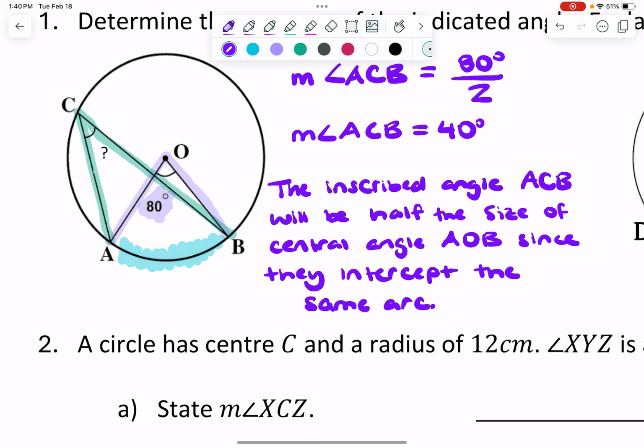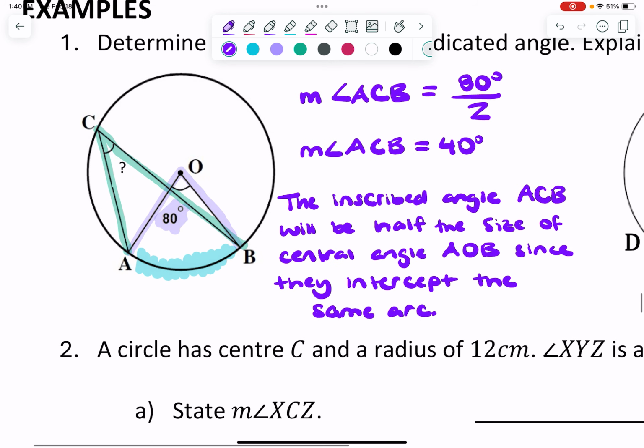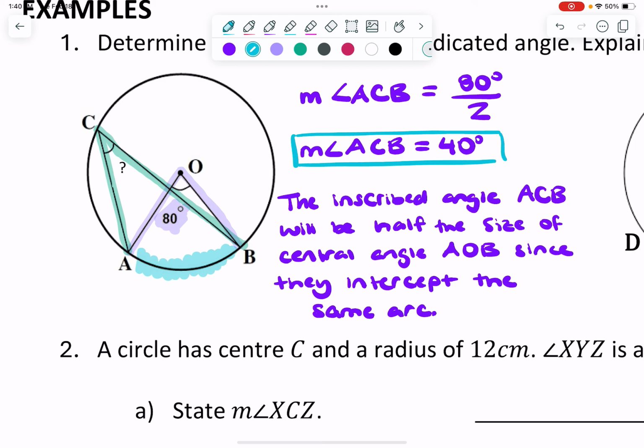So I find my solution and I explain why I'm able to figure that out, or how I'm able to figure that out.